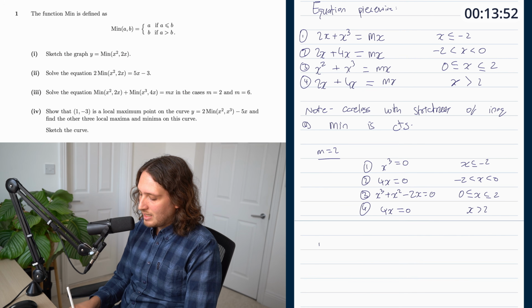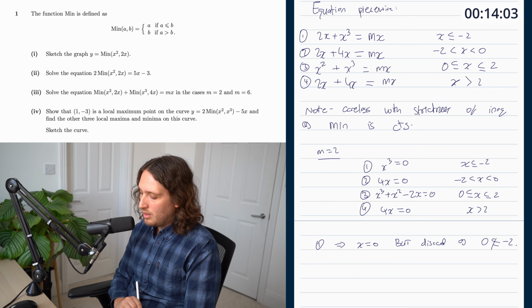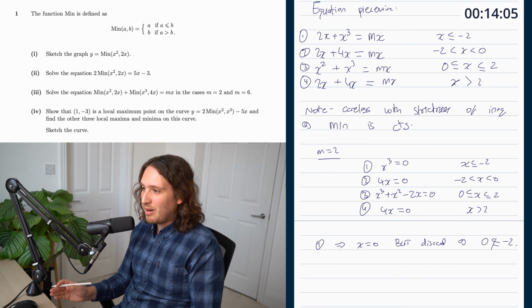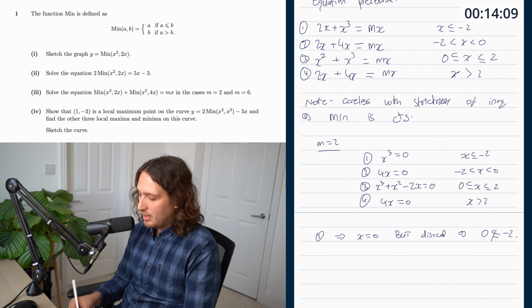Right, let's take the cases. Case 1 tells me x equals 0, but I'm going to discard it as 0 is not less than or equal to minus 2. We might get an x equals 0 solution again later and then get to keep it from that domain, but not from this one.